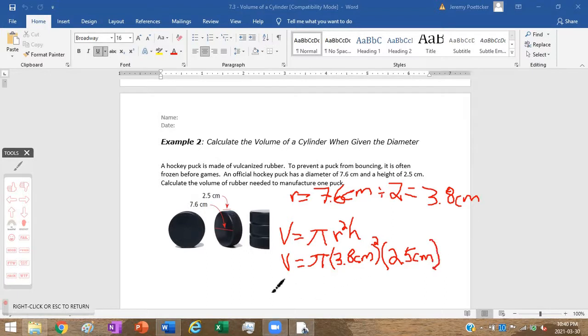And here we go. Again, make sure you're multiplying the 3.8 and squaring that part first, especially if you're using the squared button. And make sure you hit all the buttons on your calculator.